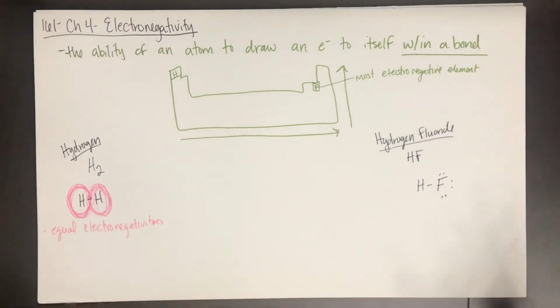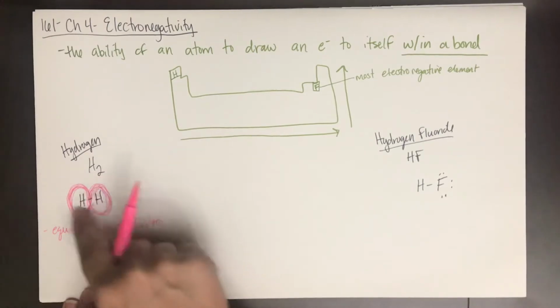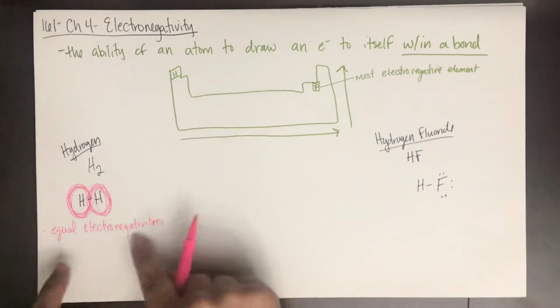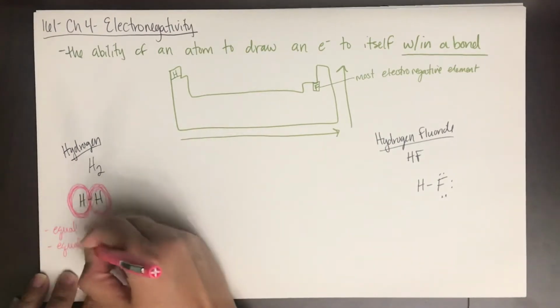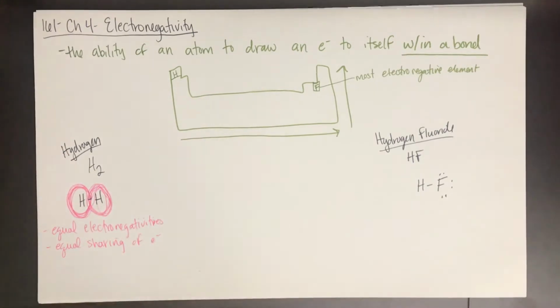They're the same element. So the electrons orbiting this hydrogen molecule are equally attracted to both hydrogens. Equal electronegativities. You could also say equal sharing of electrons.